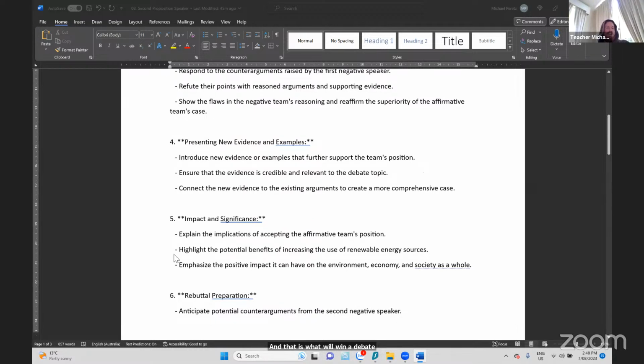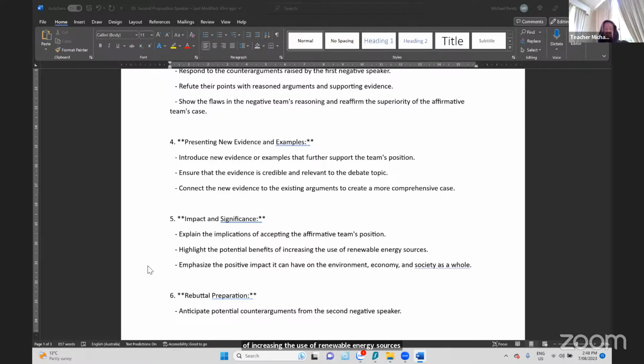We want to consider the impact and significance. So we want to explain the implications, or explain what it means to accept the affirmative team's position and believe the motion. We want to highlight the potential benefits of increasing the use of renewable energy sources.